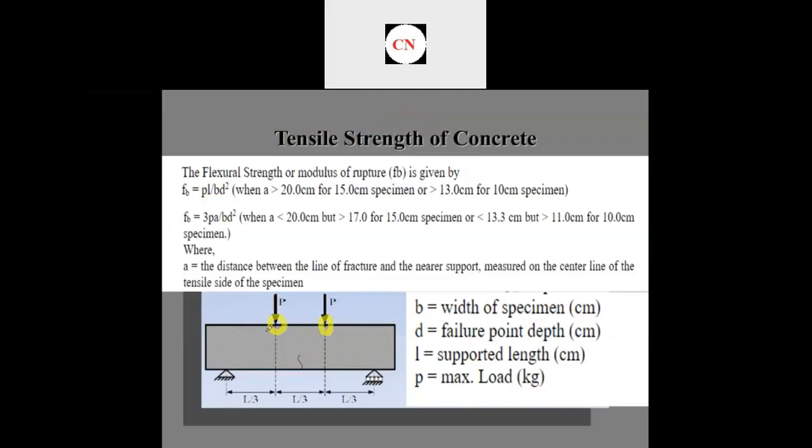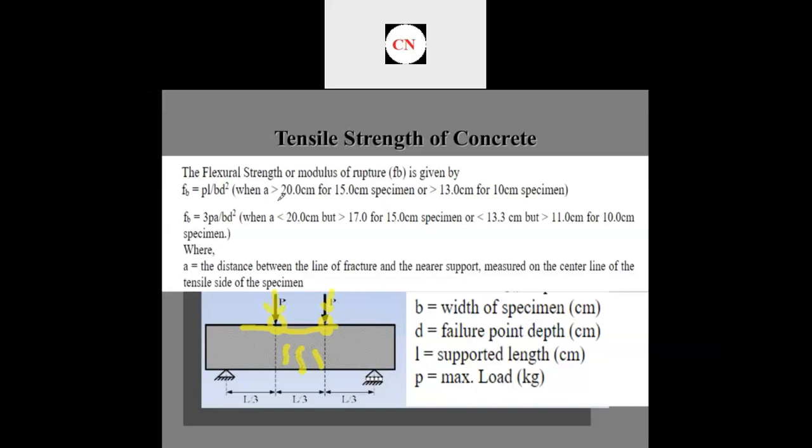Assume that there are two rollers over the surface of the beam. Now I have applied the compressive load. What will happen after applying the compressive load? After some moment, you can see the formation of a crack on the surface of this beam.